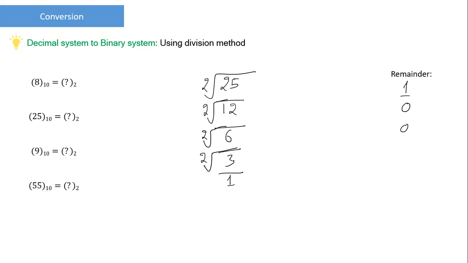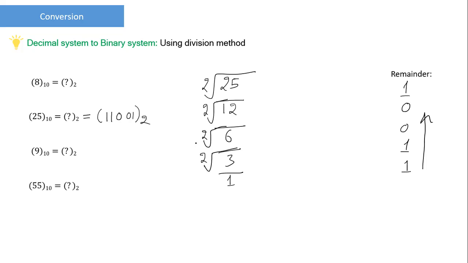Since 3 is an odd number, I would get a remainder of 1. Now this 1 is there in the end, so I'll put this 1 and 1 in the end, just like that. So the answer is 1, 1, 0, 0, 1. So 25 to the base 10 is equal to 1, 1, 0, 0, 1 to the base 2.